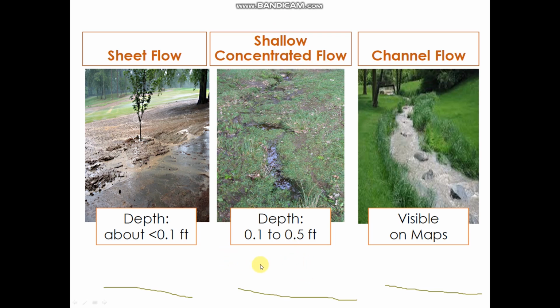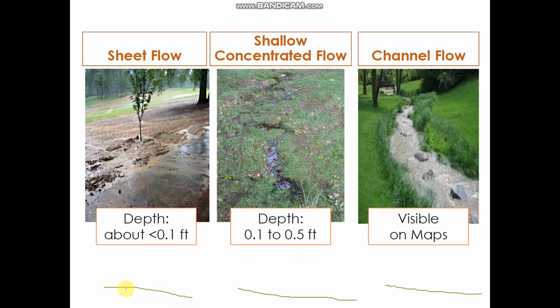If I draw the water surface profile of the sheet flow, I'm using the pen tool and changing the ink color to blue. Here you can see I have drawn a line.